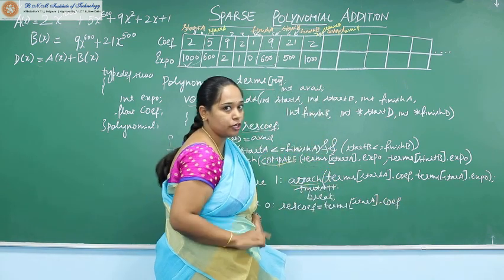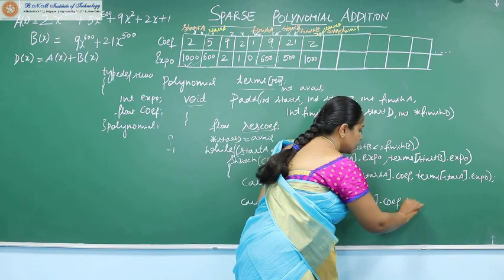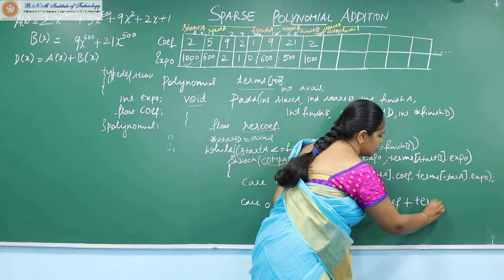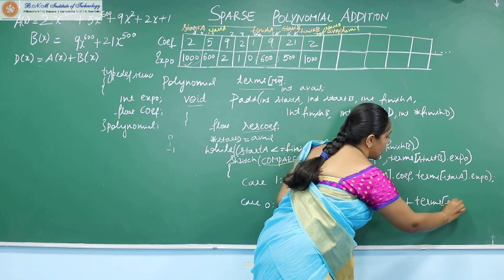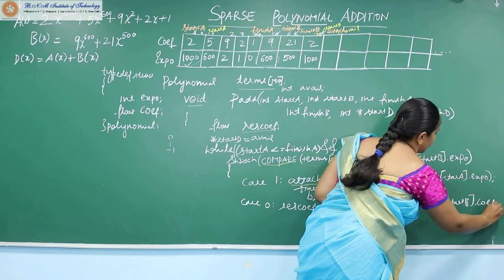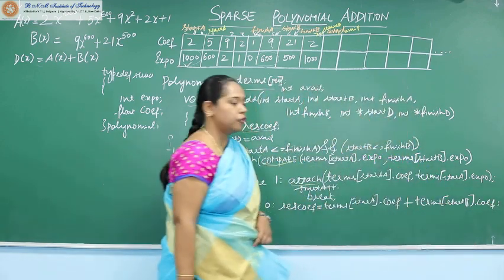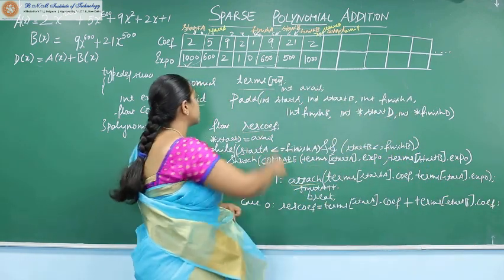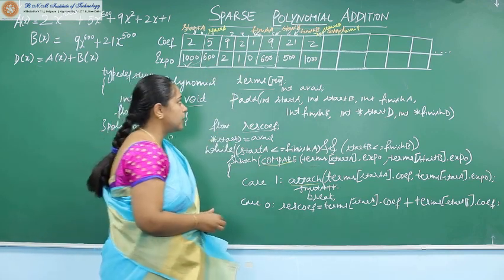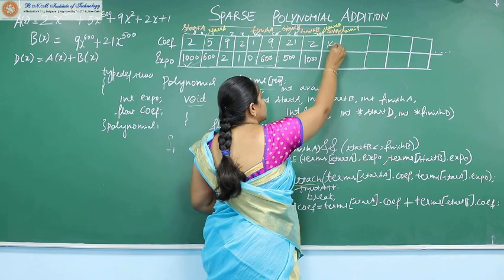That's the first part of the addition. The second operand is the same array terms of start B dot coefficient. So that would give me the result coefficient. What do I do with the result coefficient? I've added 5 and 9 and I've got the answer 14. 14 should be attached here.